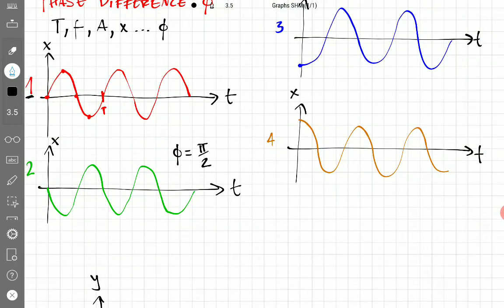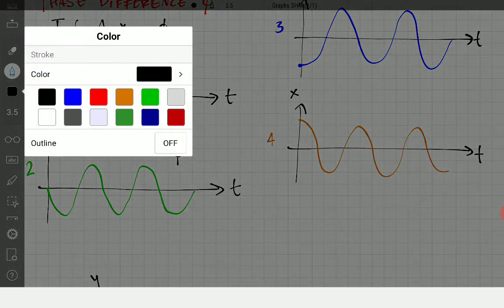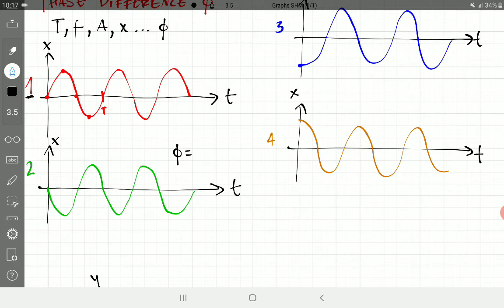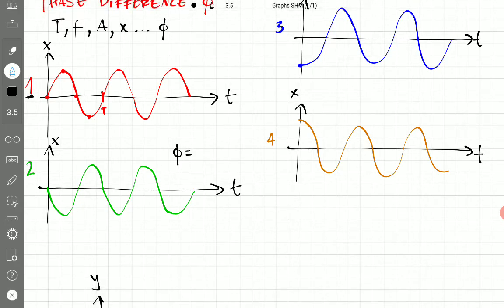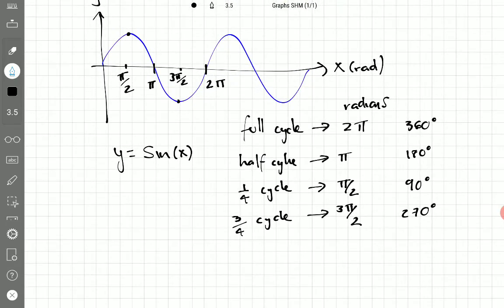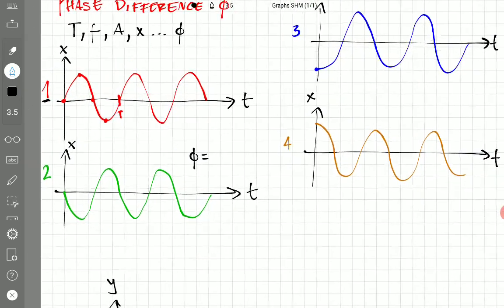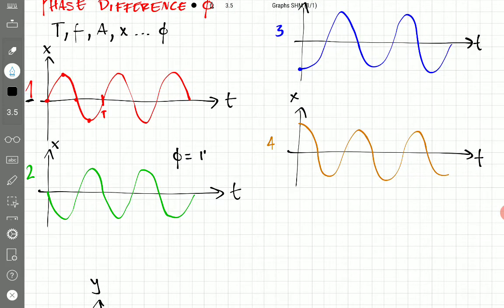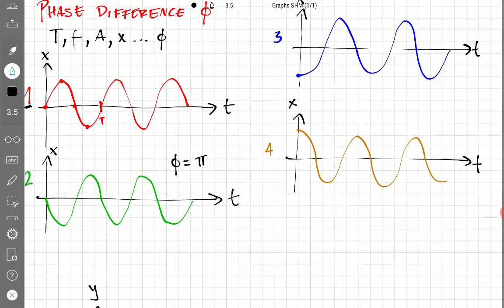I should have said pi, not pi over 2. So sorry about that. If you look at graph number 1 and graph number 2, they are shifted by half a cycle, and half a cycle in radians represents a shift of pi radians, right?